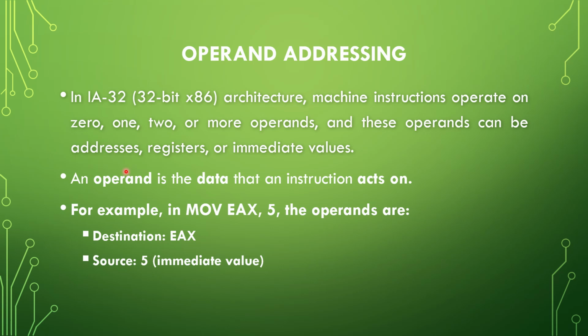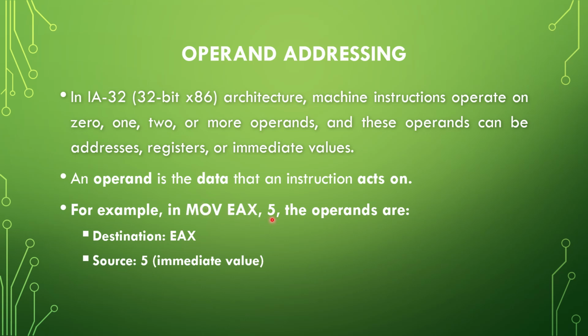For example, consider the case of MOV EAX, 5. Consider this as one operation. You can see the operands. What are the operands here? One operand is EAX, that is the extended accumulator register, and another operand is the immediate value 5, right? So actually MOV destination, source.